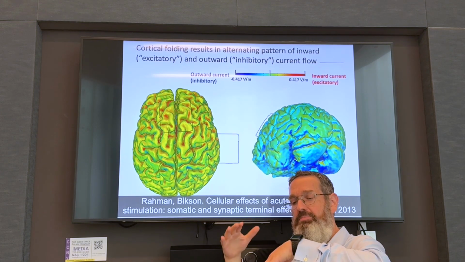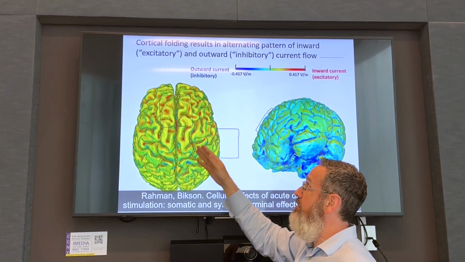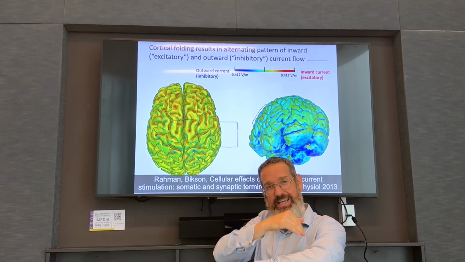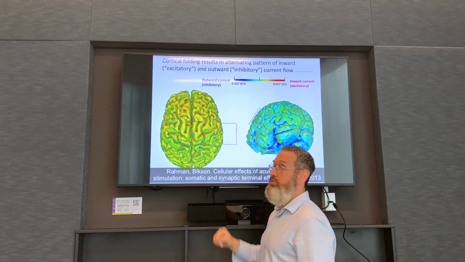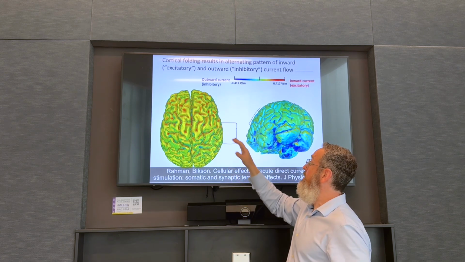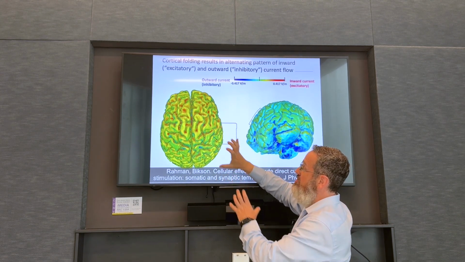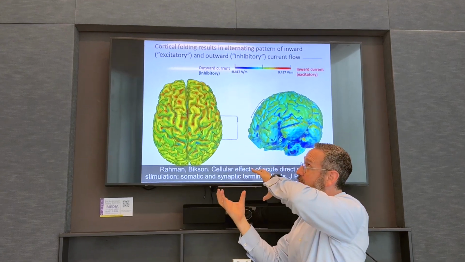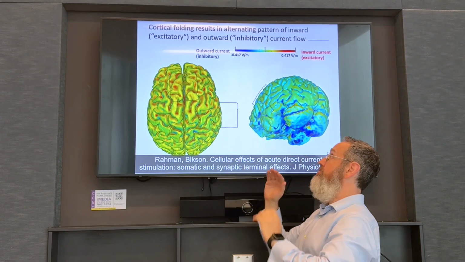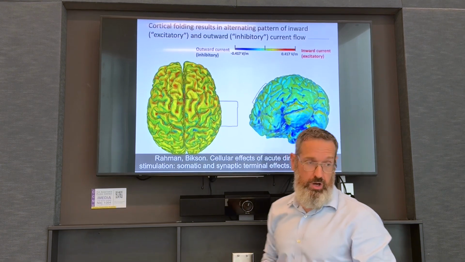What's actually happening is that the current is traveling through the brain and it's cutting in and out and in and out of these folded gyri. The pattern that it flows actually can change a bit as you rotate the head and look at it from different directions. From the top, we're seeing a little bit more of the in, but from the side, we're seeing a little bit more of the out.